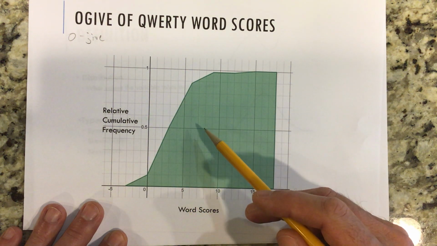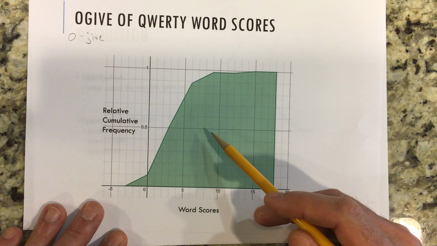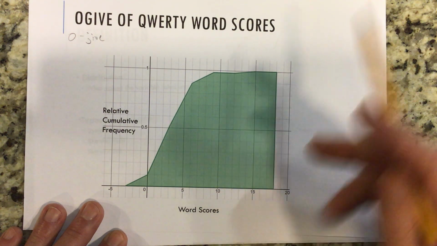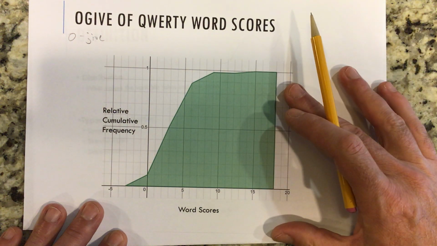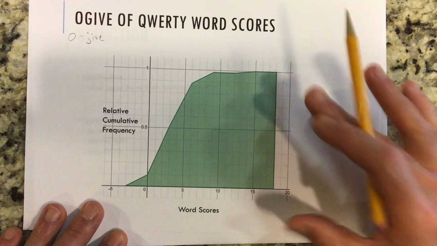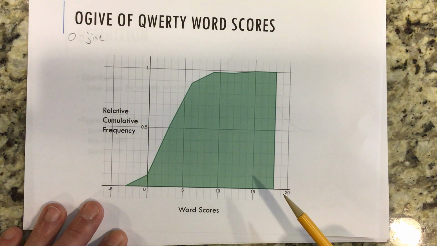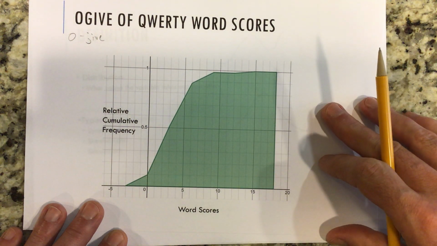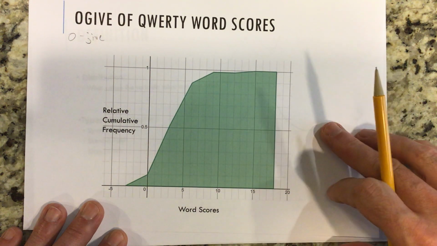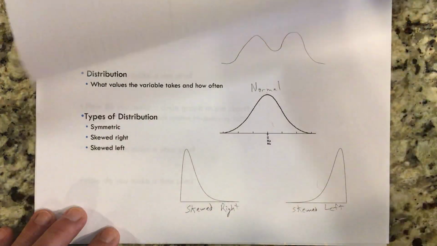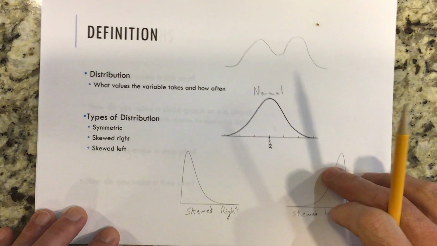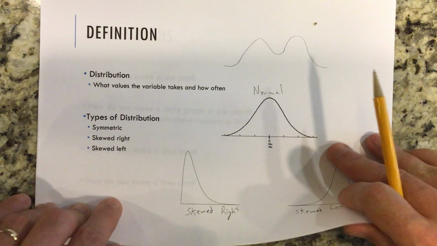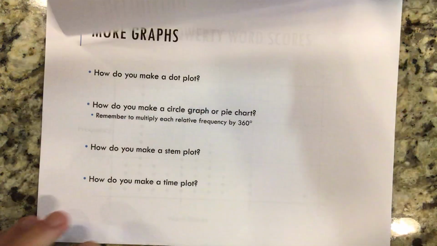It's hard for me to look at this and say this is symmetrical, approximately normal. So I would highly recommend, if you have to talk about the shape, make a non-cumulative graph to talk about the shape. It's difficult to read this and get the shape correct. All right, so that's our main shapes.